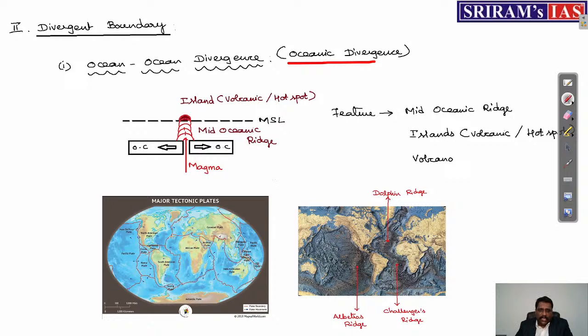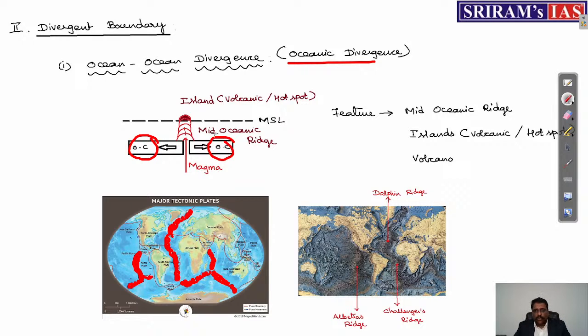See, the African plate and South American plate, North American plate and Eurasian plate, Nazca plate and Pacific plate, Pacific plate and Antarctic plate, African plate and Antarctic plate, Indo-Australian plate and African plate, Indo-Australian plate and Antarctic plate, all are going for divergence. It means any boundary in the ocean, by default, happens to be oceanic divergence. And oceanic crust being very thin, my dear friends, very easily gets opened up.